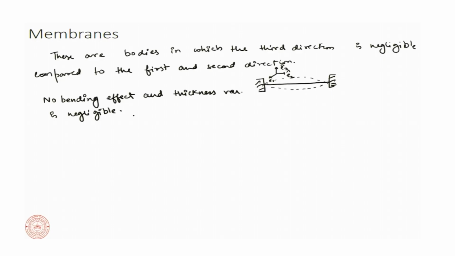If that is the case, then we can have an assumption. With this assumption, we can say that u1 equals u2 equals 0, so there will be no displacement along 1 and 2.